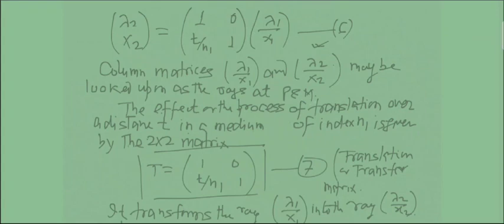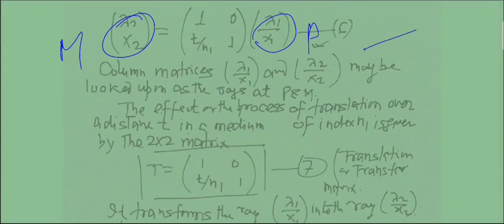The effect or the process of translation over a distance t in a medium of index n1 is given by a 2 cross 2 matrix. Now clearly, this is the point P and this represents your point M of the ray PQ.